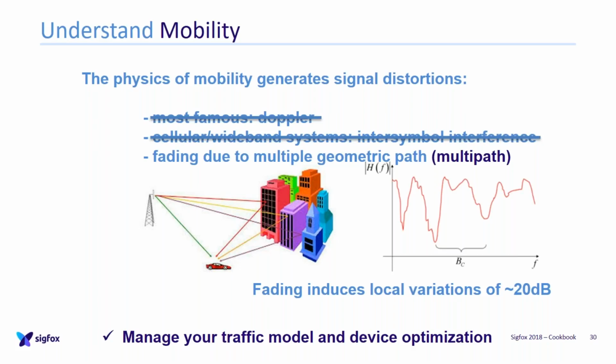In fact, in 99.9% of the cases under fading, the variations of the signal will be contained within 20 dB. But it means that to be in contact with a base station in fading conditions, you have to be in line of sight or within a 20 dB attenuation range of the network. So how to avoid this?